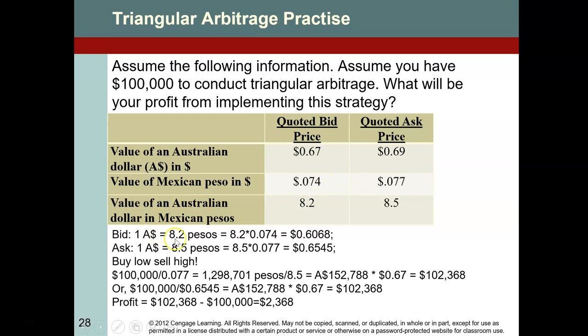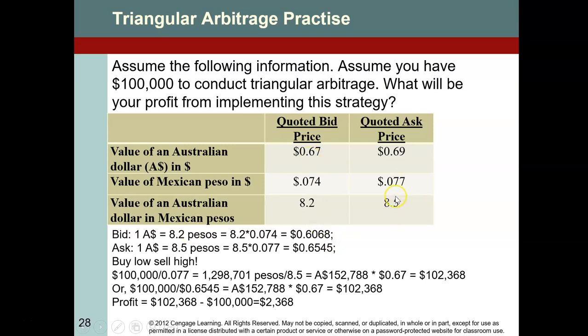It could be exchanged to 8.2 pesos, and then we can exchange to US dollars by multiplying 8.2 by 0.074, which is 0.6068. So exchanging twice using the second and third row is equivalent to having a bid price of 1 Australian dollar in US dollars of 0.6068, okay, which is lower than the original bid price.